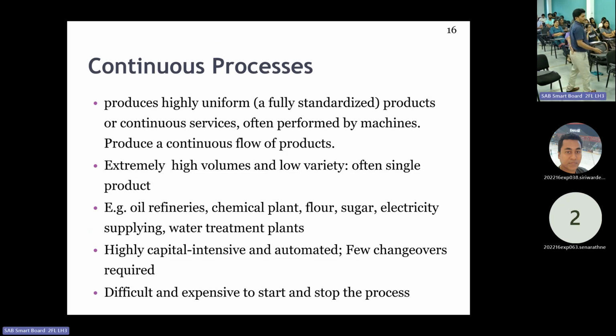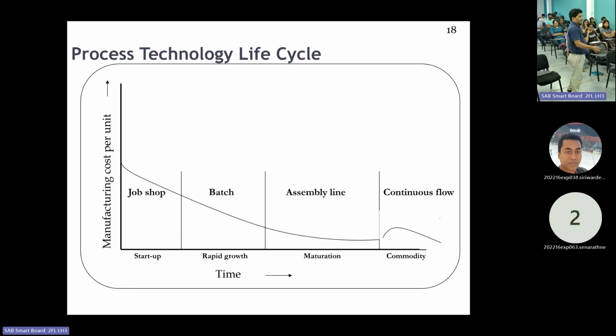But you see here, this is the average cost curve. Now, you know the product life cycle framework, from the introductory phase to the growth phase, then to the maturity phase. Right? Stages are different.